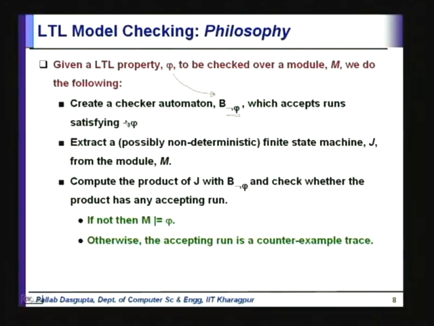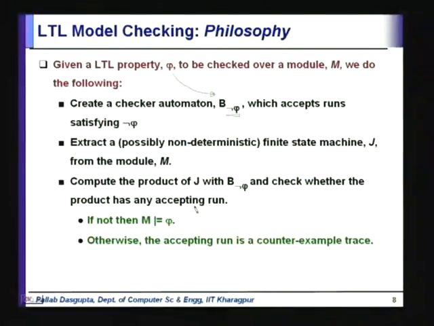So that run refutes varphi. If we find any accepting run in the product, then we have found a counterexample trace. On the other hand, if the product does not have an accepting run, then we conclude that there is no counterexample for varphi in J. So, this is the philosophy of doing LTL model checking.